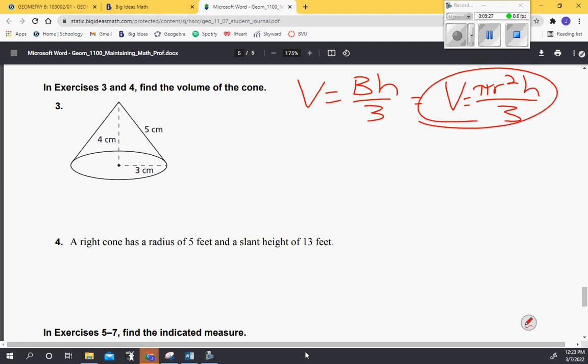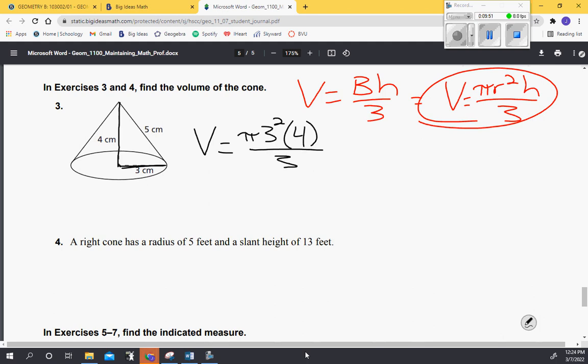That's what I'm going to work with. R is our radius. That's 3 centimeters. So volume is equal to pi times 3 squared times our height. Our height is 4 divided by 3.